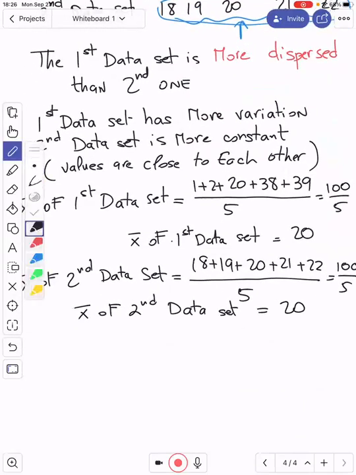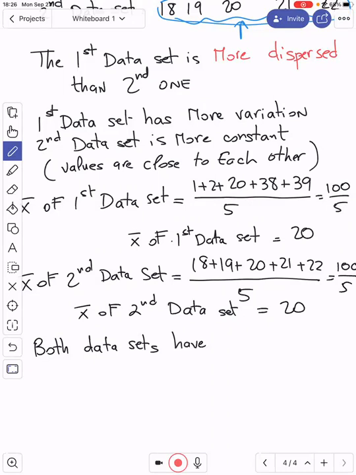So both data sets have the same mean. However, of course, the first one is more dispersed than the second one.